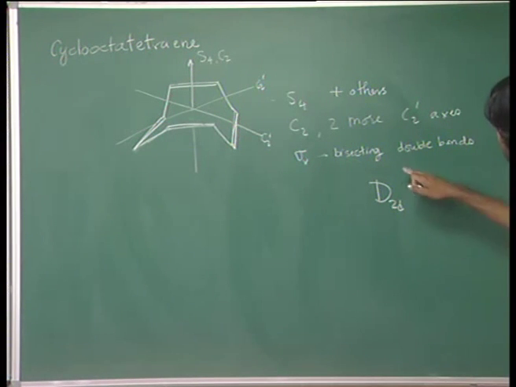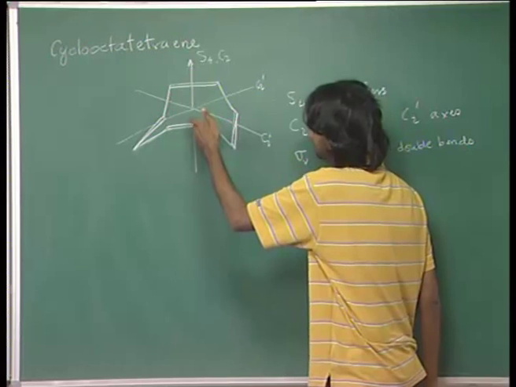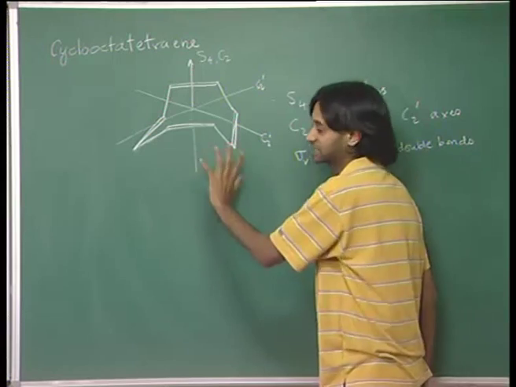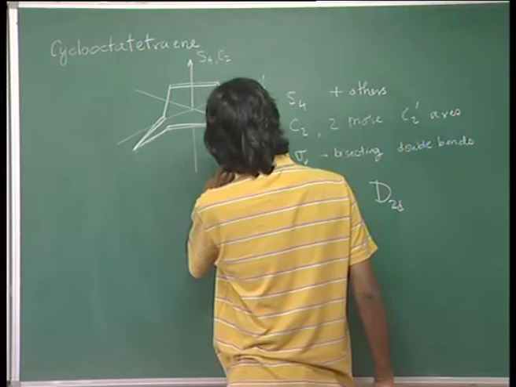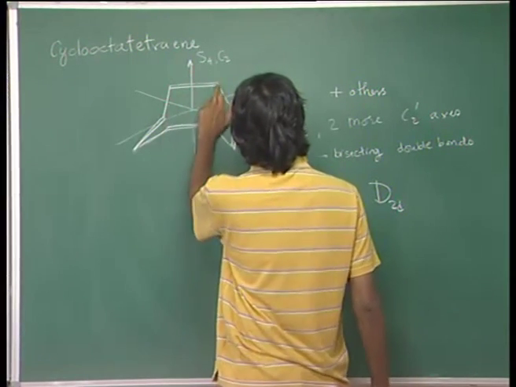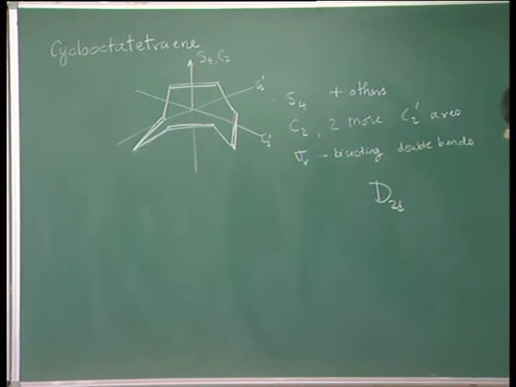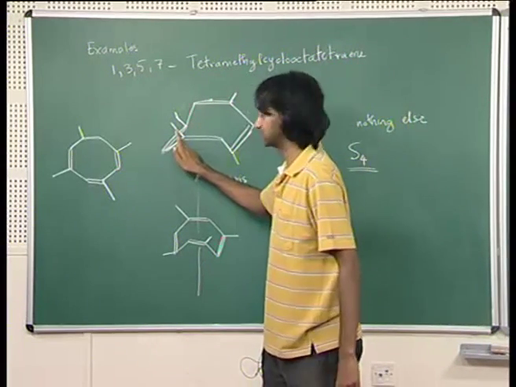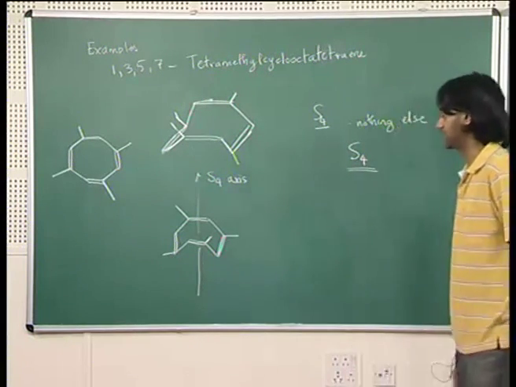And then you also have sigma v's, these bisect the double bond. So, if you imagine a plane that passes through the center of both these double bonds, that would be a reflection plane. Okay. So, if you reflect about this, then this atom would come here, this atom would come here, and then similarly the other atoms would get reflection on this side. Again, that was a symmetry that was absent in the molecule with the methyl groups. So, the presence of the methyl groups destroyed that reflection symmetry that you had.